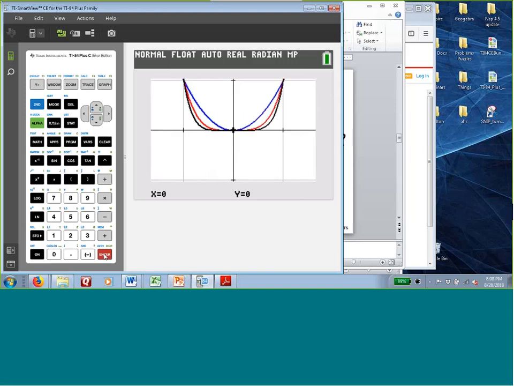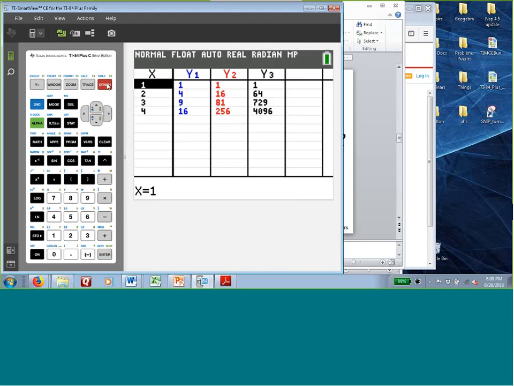And what's interesting here is that the higher powers are actually flatter when you zoom in. We can check that out in our table. We can take a look at what happens if we put in 0.5, and what happens if we put in 0.7. Okay, and so the higher powers actually are smaller.